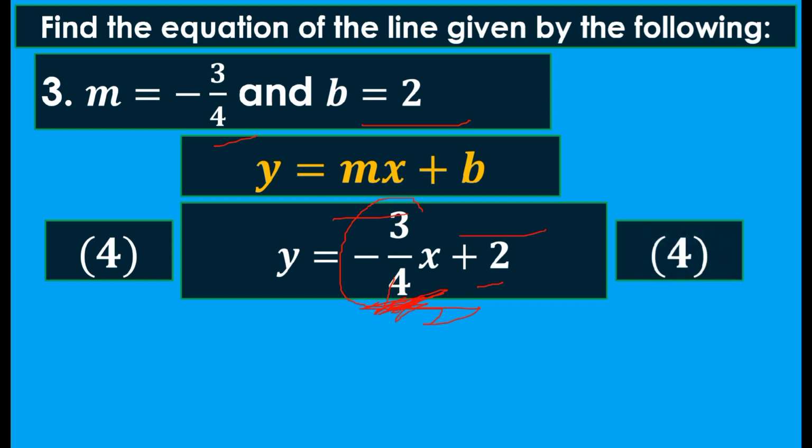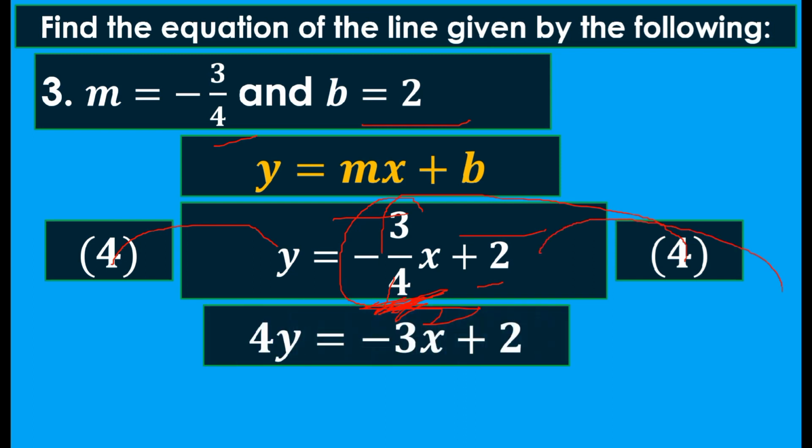So, multiply both sides of the equation by 4. Sa kabila din, may 4. So, distribute 4 times y, and then 4 times negative 3/4 x, then 4 times 2. Okay? So, magiging 4y, kasi 4 times y is 4y. Paano naging negative 3x na lang ito? Kasi, nung i-multiply natin yung 4 sa negative 3/4, tanggalin si kabit na 4 at saka si 4, ang natira ay si negative 3.